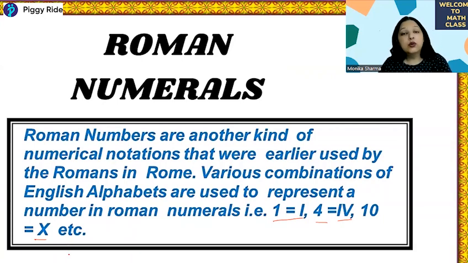This is called Roman numerals. And do you know, children, the Romans did not give any Roman numeral for the number 0. So we don't have any Roman numeral for 0.